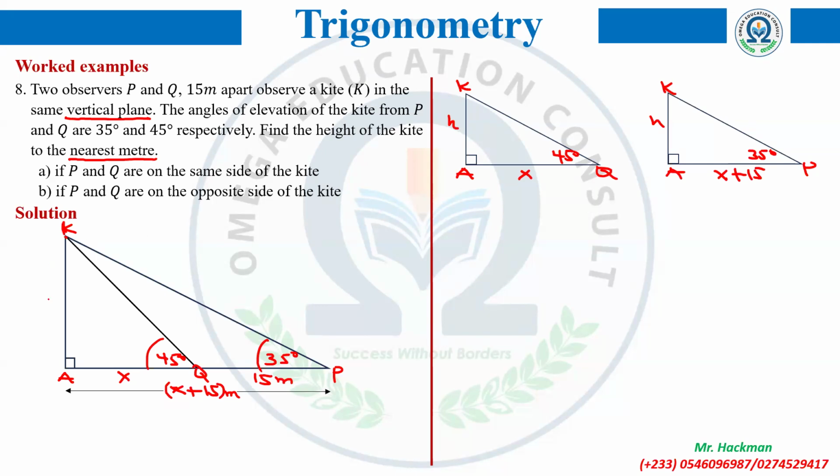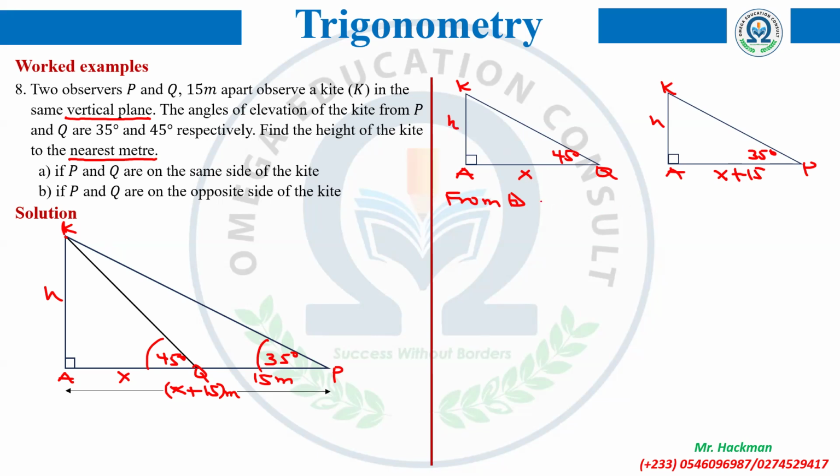So come and take the first diagram. From the first right angle triangle, we know this angle, we know the opposite side, though in a letter, and we know the adjacent side again in a letter. So this will be the side that we will need.